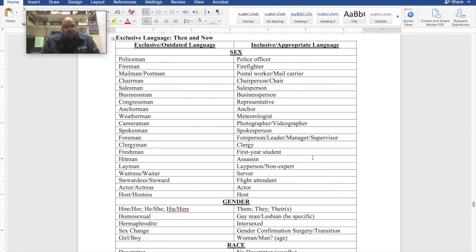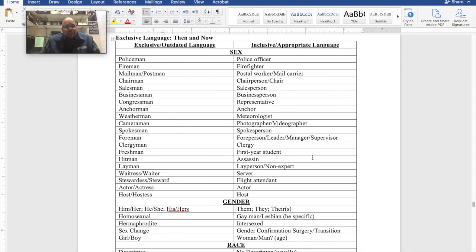Other terms on there, homosexual, we really are more specific than that now. We call it the LGBTQIA community. So gay man, lesbian woman, transgender person, that kind of thing, right? Hermaphrodite or hermaphroditic used to be a medical term for someone who was born with both male and female genitalia. Now that's intersex.